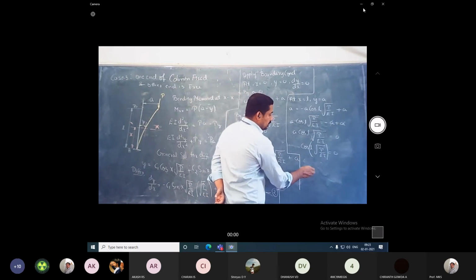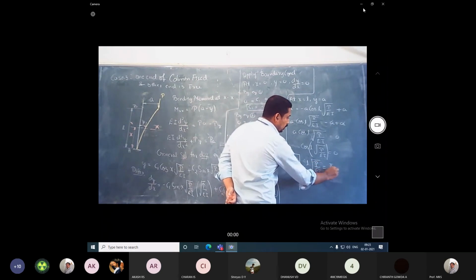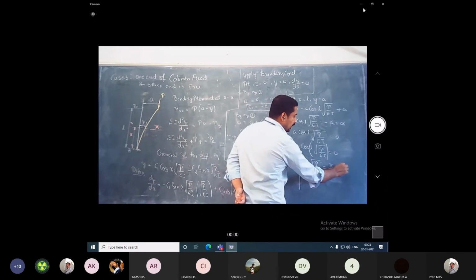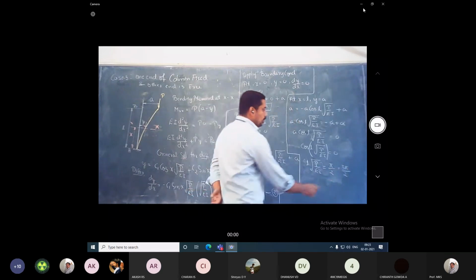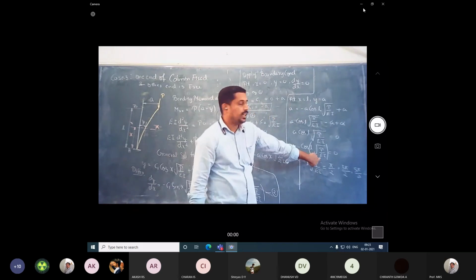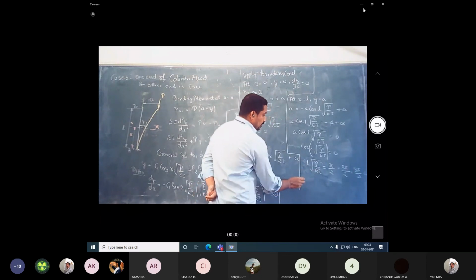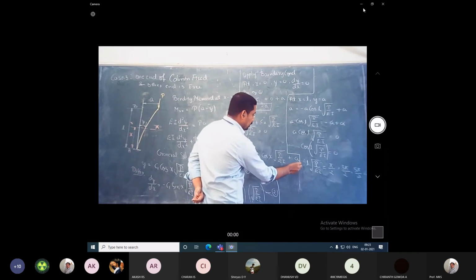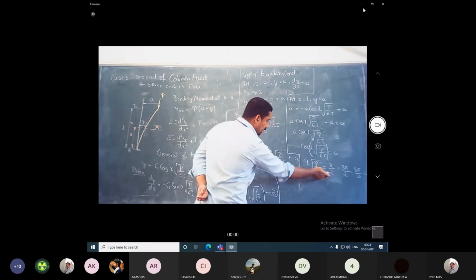So this term L into root of P by EI becomes equal to pi by 2, that is 90 degrees, or 3 pi by 2, or 5 pi by 2, any odd multiple. Since these are all positive terms, I'll be taking the first term.